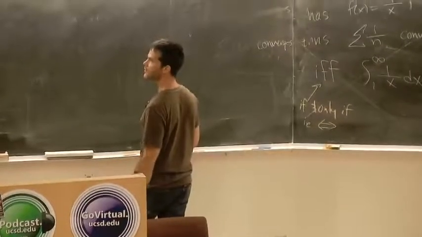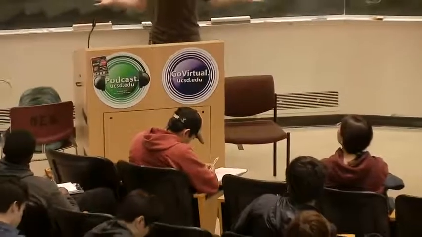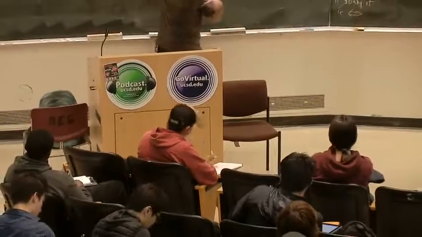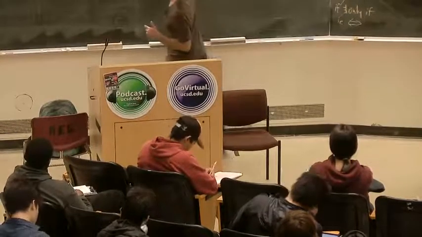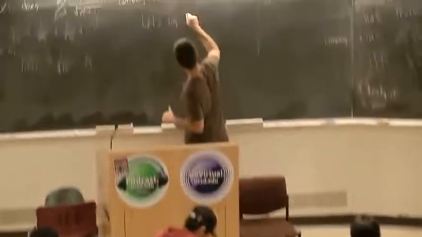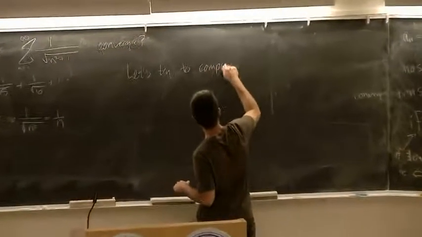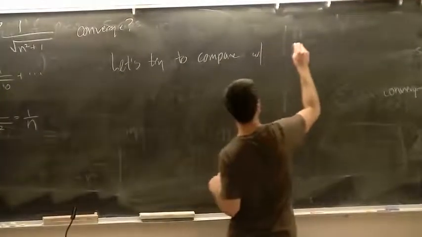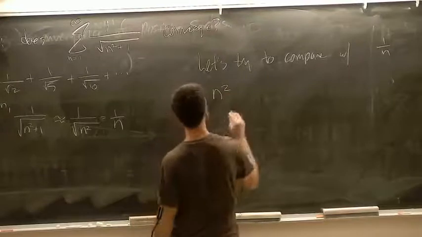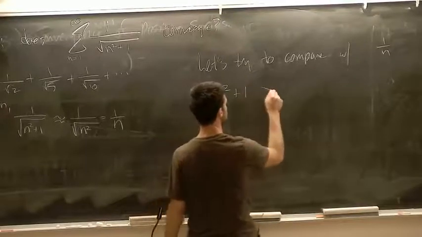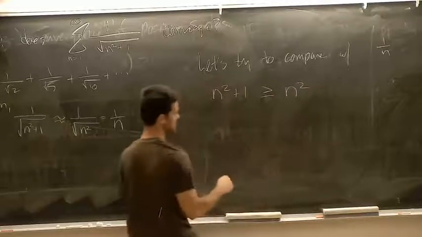But let's see if we can compare them. And let me try to do this in 2 minutes. So what's our guess then? Based on this fact, do we expect it to converge or diverge? We expect this to diverge. Let's try to compare with 1 over n. n squared plus 1 is bigger than n squared.